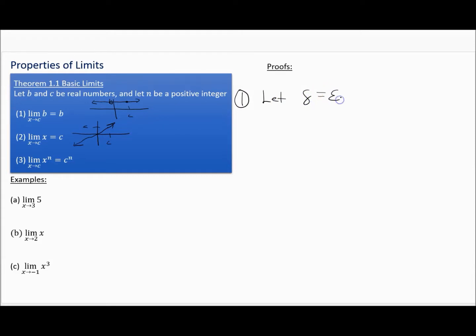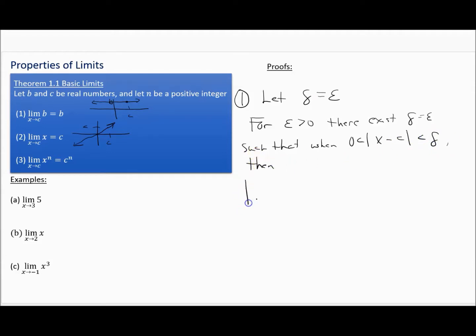delta equal epsilon. Okay, and then remember, you're using that definition, and so you say for every epsilon greater than 0, there exists a delta equal to epsilon, such that when 0 is less than the absolute value of x minus c, which is less than delta, then the absolute value of f of x minus L is equal to the absolute value of, now f of x in our problem is b, minus our L, which is b, which is equal to 0.